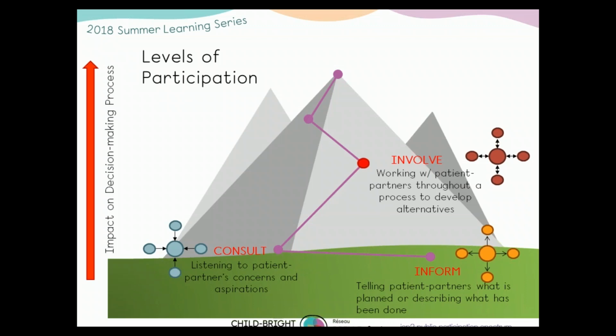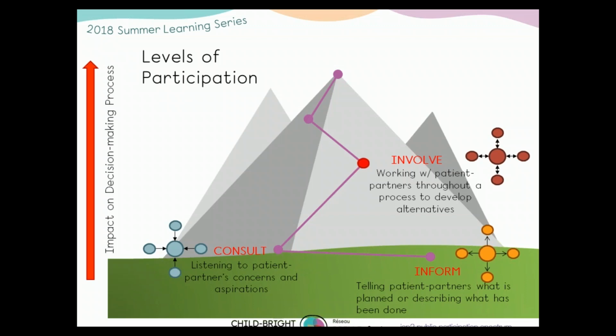Moving up that ladder, we come to involvement, and here it's more of that back and forth process where experts, or in this case researchers, work by engaging patients to a higher degree and work more collaboratively together.